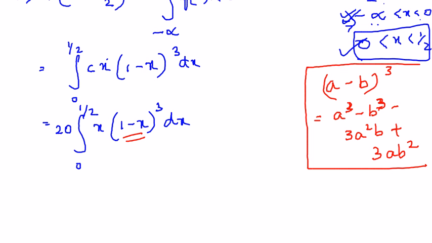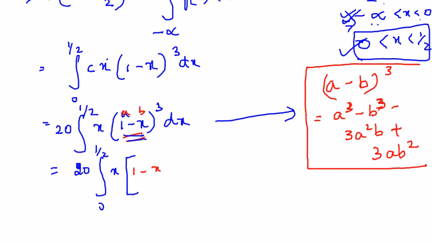So if I'm going to apply the same formula here, I'll have the 20 as it is, 0 to half, have x as it is, and we are going to expand this using this formula, where a is equal to 1 and b is equal to x. So it's 1 minus x cube minus 3x plus 3x squared dx.